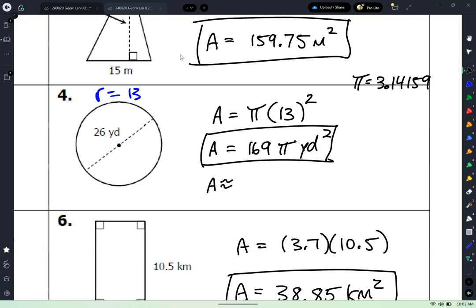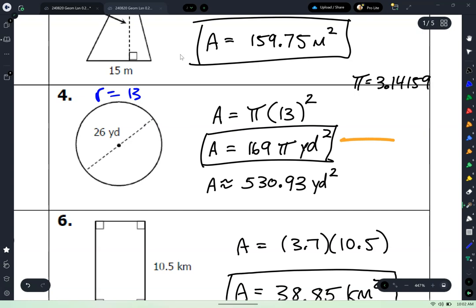That'll get you pretty close to the pi button on your calculator. All right, so approximately this is 530.93 yards squared.